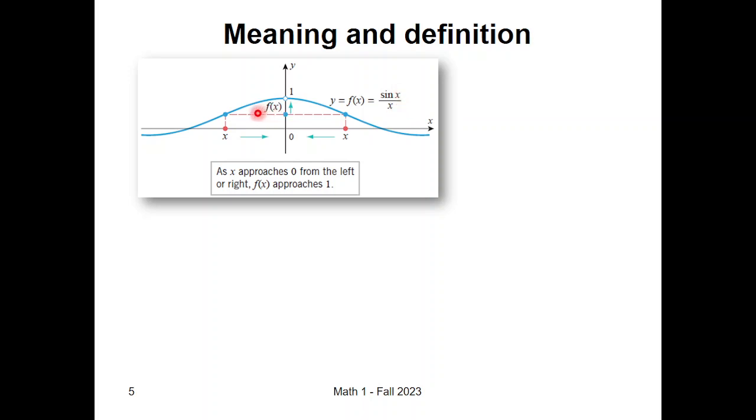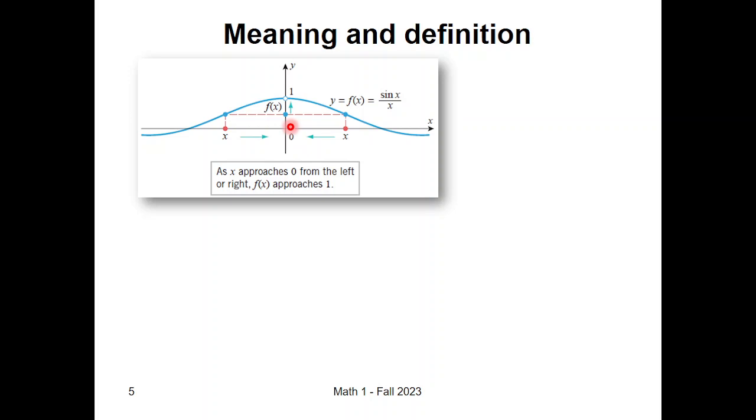But you can substitute with any value which is very close to 0, so we can find the graph of this function. And from this graph, there is high evidence that this function approaches 1 when x approaches 0.